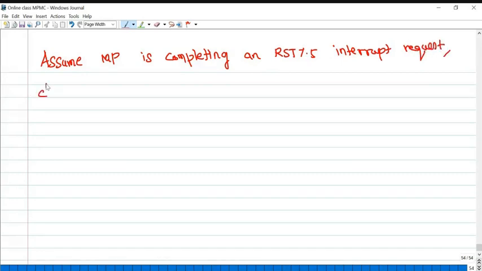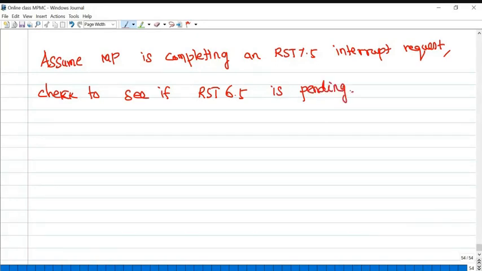Okay. Check to see if RST 6.5 is pending. Assume the microprocessor has just completed the RST 7.5 interrupt request. Check to see if RST 6.5 is pending.